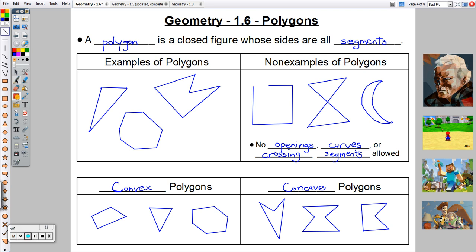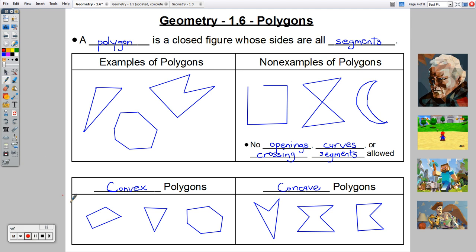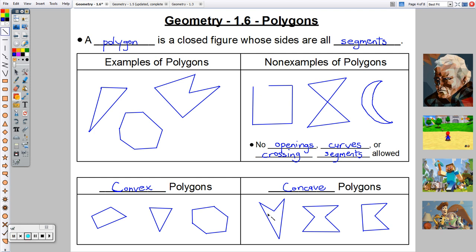So what makes these concave? What makes these convex? If you have a different color, this would be a great time to use that. If you don't, I would say do this with hidden lines instead. I'm just going to show you on one of these pictures in each one here, and then you could do the rest if you wanted to. So I'm going to go with red. So let's assume that that continued up this way and down this way, that all these segments continued on forever in these directions here.